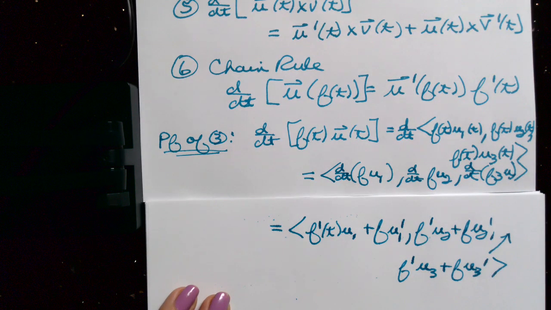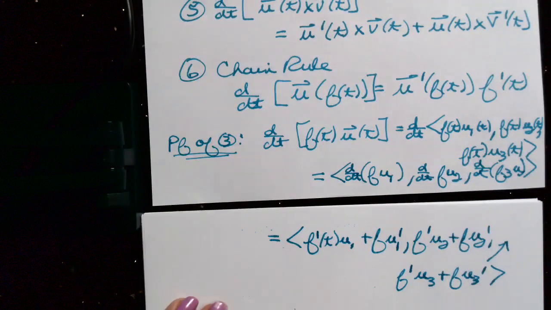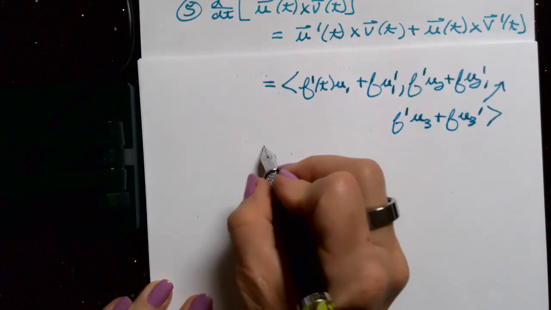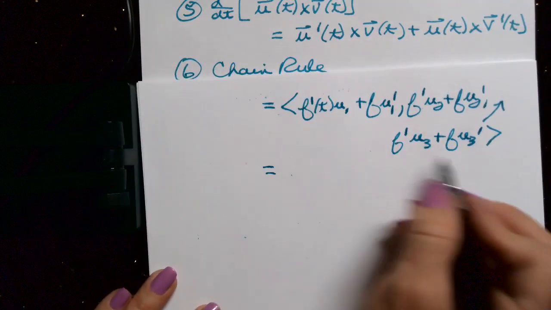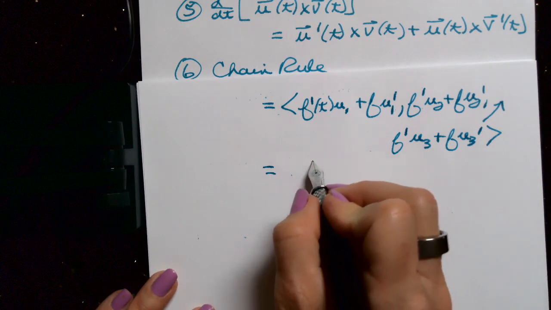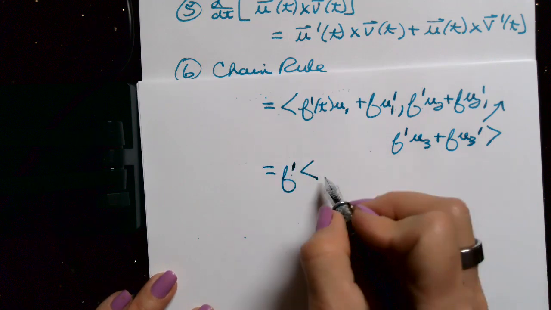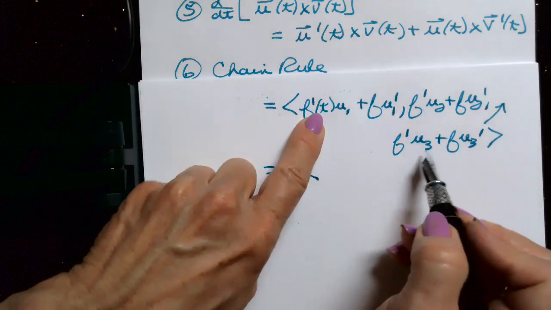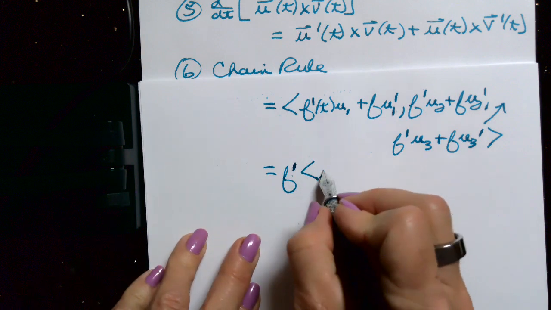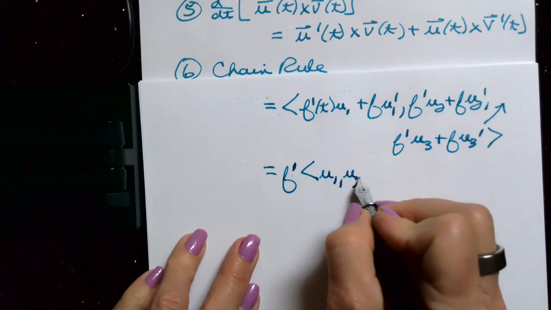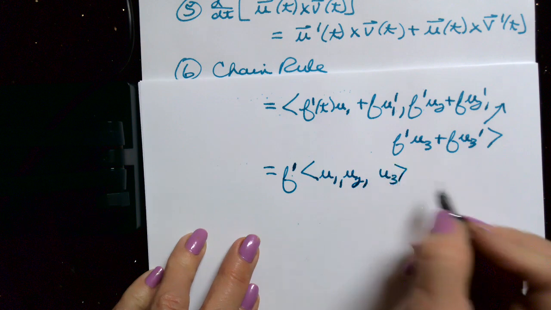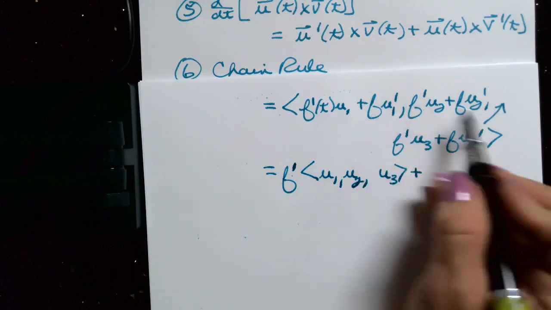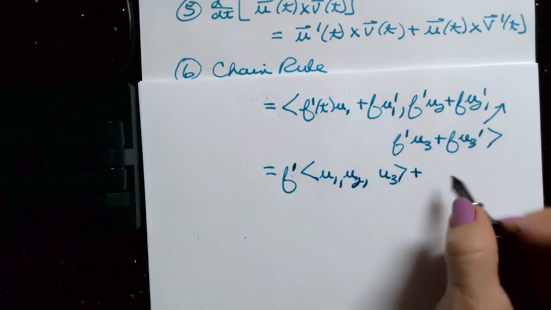Notice that I can group these into two separate vectors. I can group everything that involves an f prime and factor out the f prime. So that will be f prime times u1, u2, u3, plus the terms that involve f.